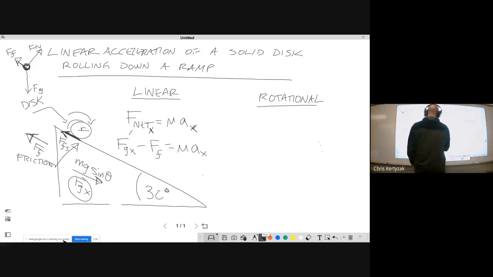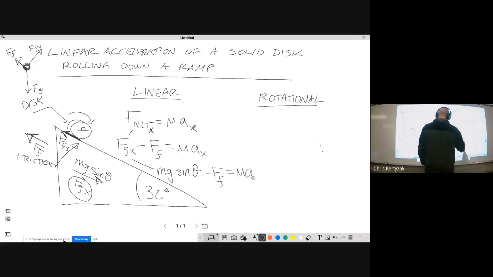In for FGx, I'd end up writing mg sine theta, as we had right there on the left. So in here, I would put mg sine theta minus the friction force equals m times a.